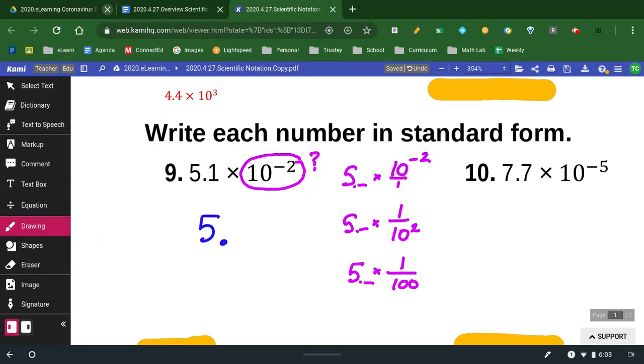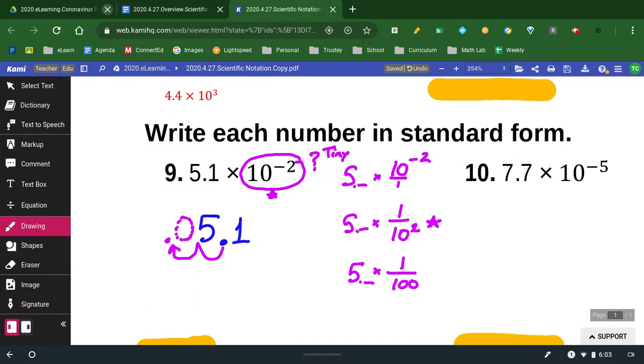If we have 5.1 and we need to multiply it by 10 to the negative second, and that number is tiny, as we just saw, because a negative exponent changes to its reciprocal and becomes a positive exponent. If I need to make this into a tiny decimal, then I better move it 2 places, in this case, so that it makes a tiny decimal.